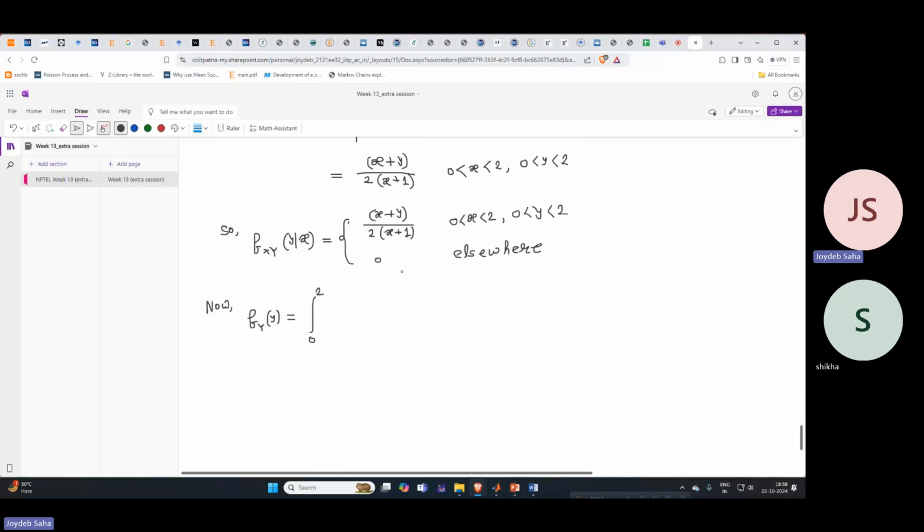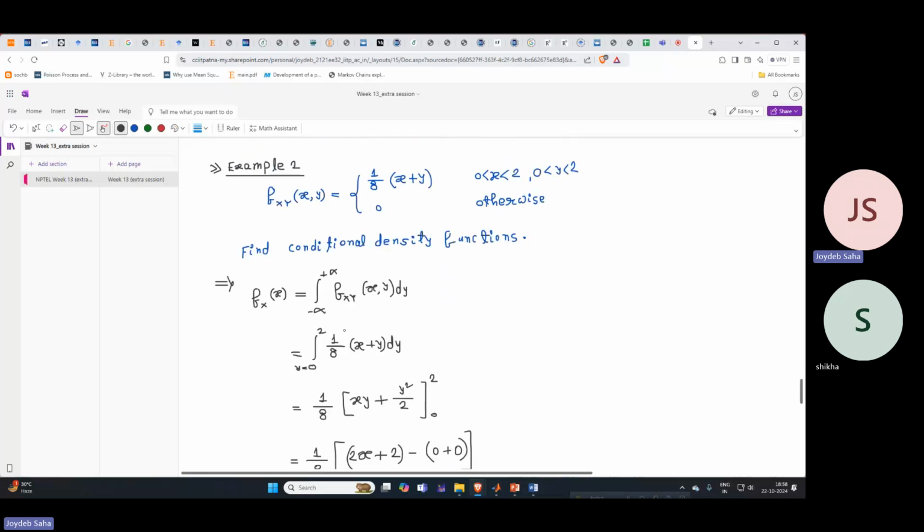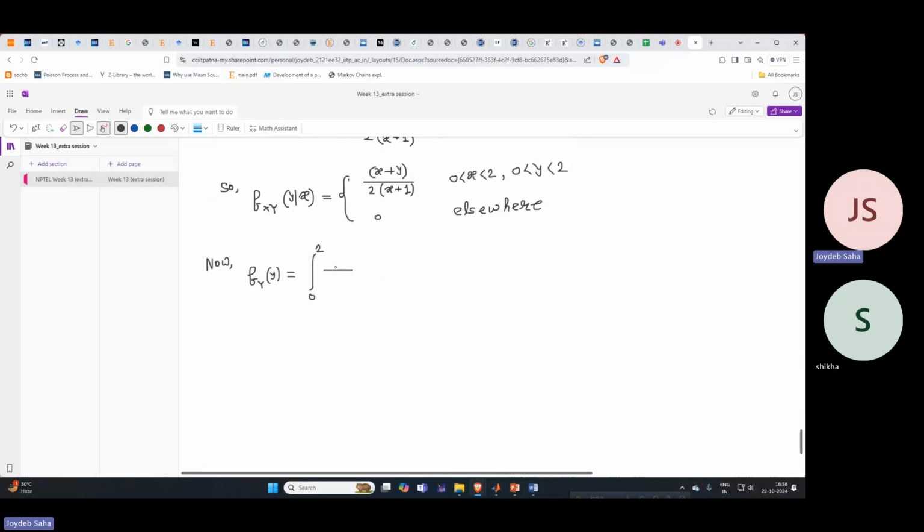Instead of dy it will be dx. This is x value, right?